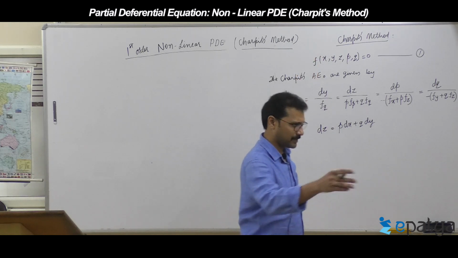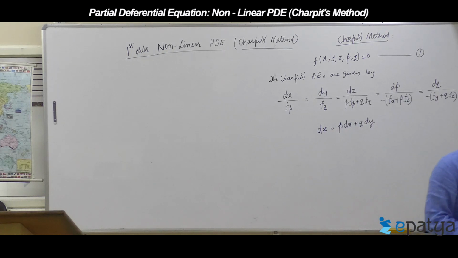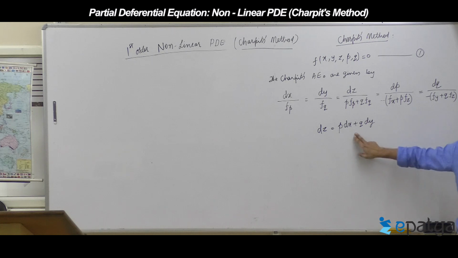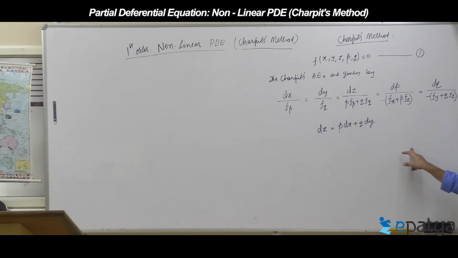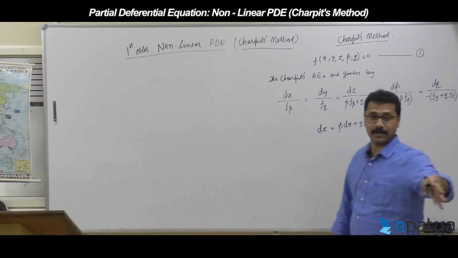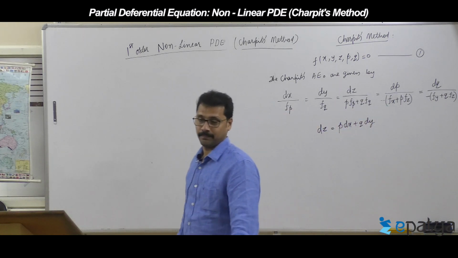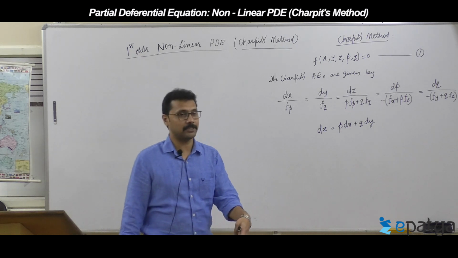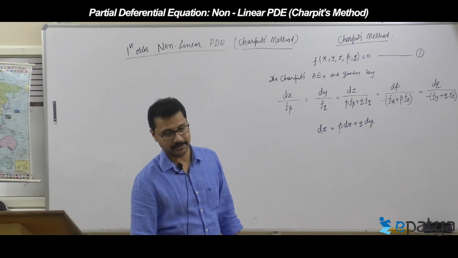Accepted. But sometimes what people also do is, p they get from here with one arbitrary constant, q they also get from here with a second arbitrary constant. Both of them they substitute here. Again they integrate. You will get a third arbitrary constant, which cannot be accepted as a solution of a first order partial differential equation with two independent variables.